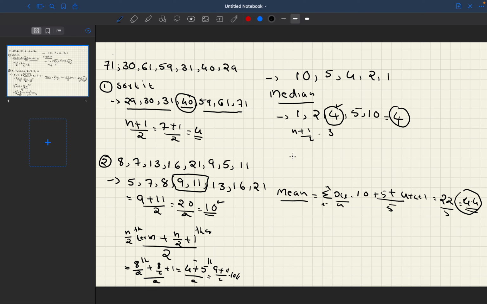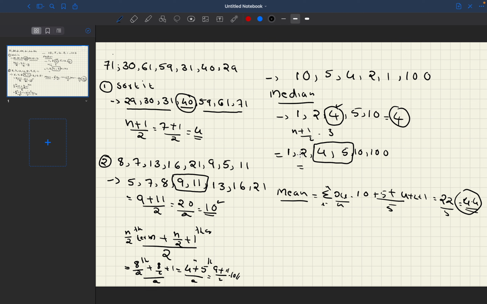So consider I am adding an outlier, 100. What will happen to the median? First step, we sort it: 1, 2, 4, 5, 10 and 100, right? Then calculate the median. It has become even.